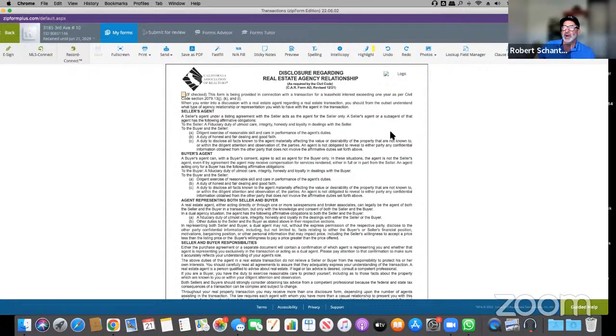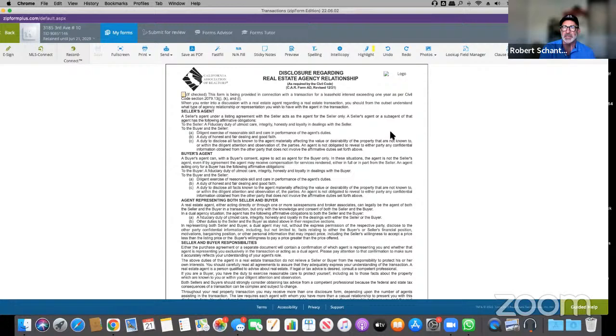So when you come across a client that you're going to do business with, whether it's a listing agreement or, and typically this is in the case of a buyer agreement, very early on in the relationship, as soon as possible is the way the law is written, you should be able to send this form or have them sign in front of you.